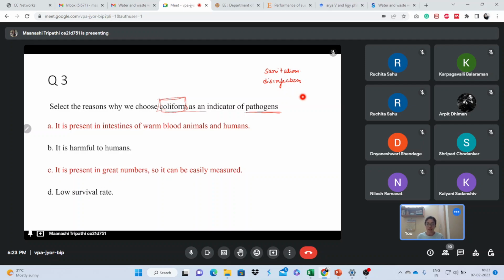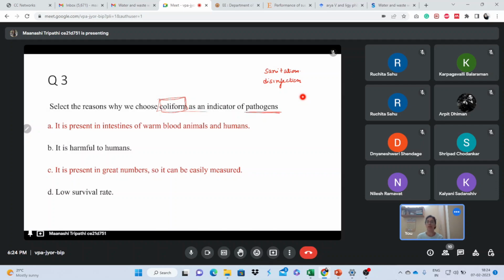First of all, see, if you are taking a water body and you find that there are coliforms, especially the fecal coliforms, then where are these coliforms present? They are present in the intestine of warm-blooded animals and humans. So how will this coliform end up in a water body?